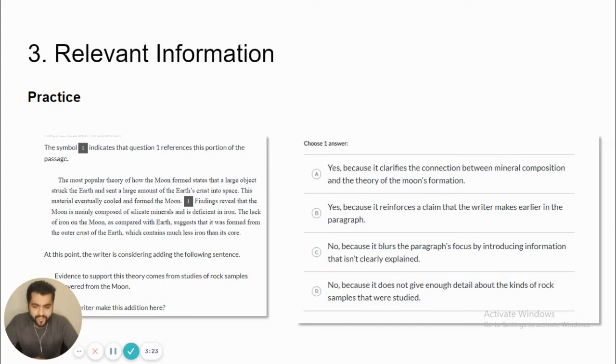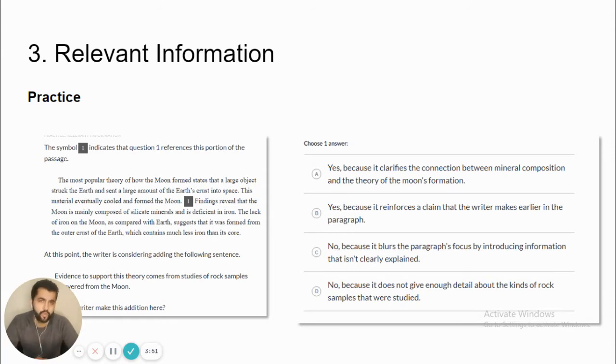Findings reveal that the moon is mainly composed of silicate materials and is deficient in iron. Right. So this is not the sentence where 1 is marked. That is where the scientist is considering to add a sentence. The lack of iron on the moon as compared with Earth suggests that it was formed from outer crust of the Earth, which contains much less iron than its core.